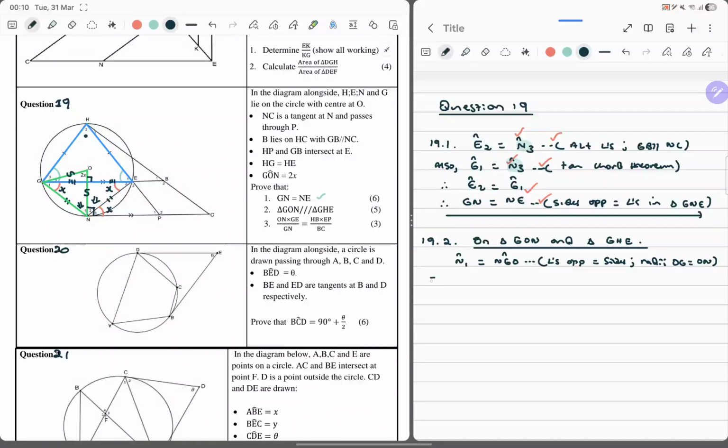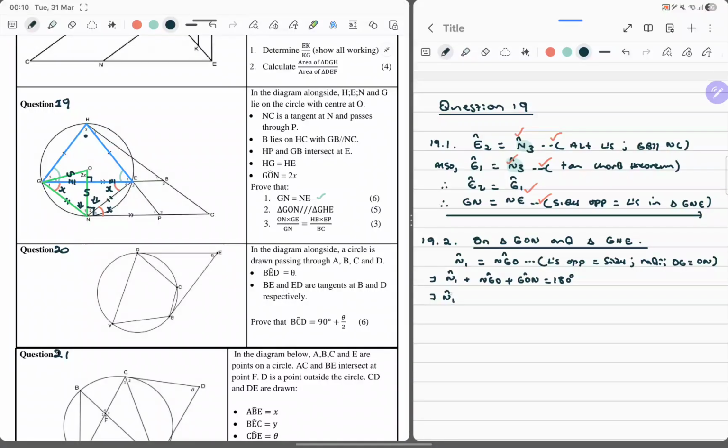So what do I want to do? This implies that N1 plus NGO plus GON should be equal to 180 degrees.